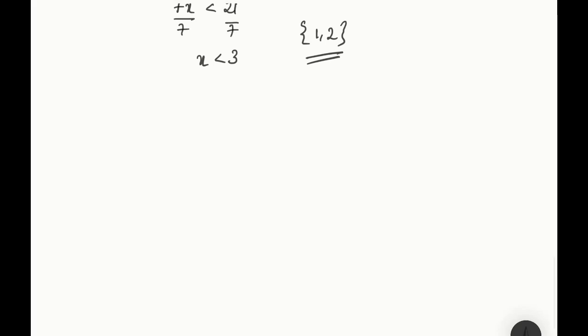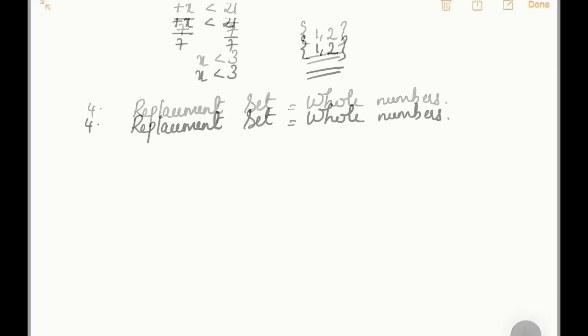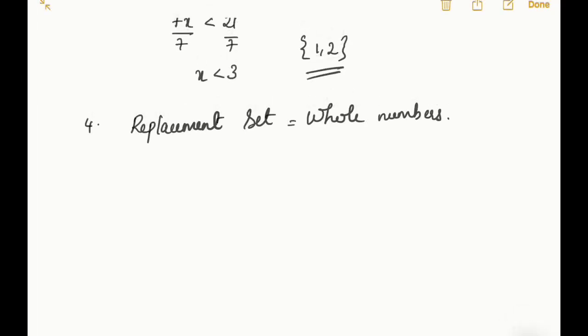Now I will be doing one question from the fourth main also. Fourth main, what's given? If replacement set is the whole numbers, so replacement set is the whole numbers.